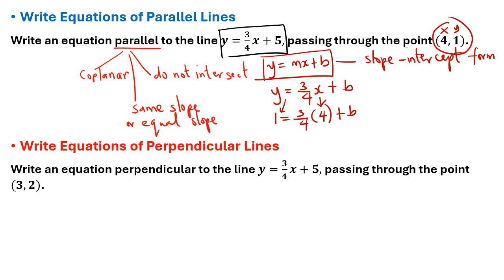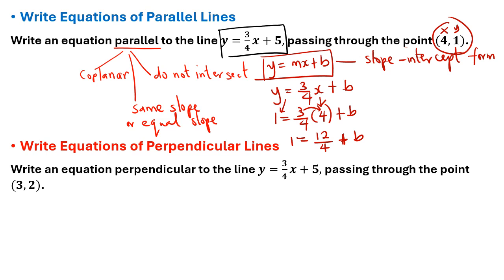plus b. If we do this math, 3 times 4 is 12, and we divide all of that by 4, which is equal to 3, and we have plus b.